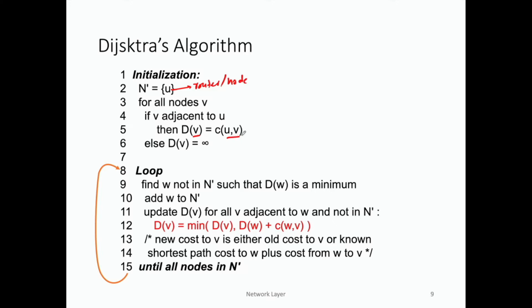So this is known. Why? Because V is the direct neighbor of U. And if this is not the case, then D(V) is infinity. So this is the initialization step here, right?